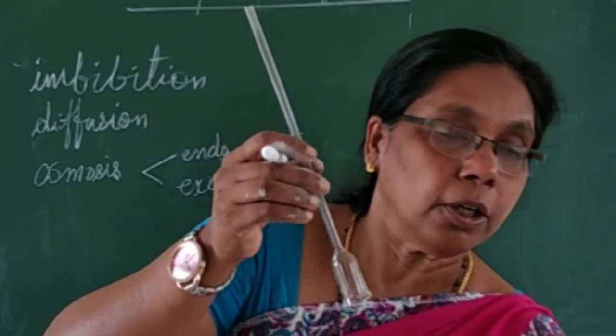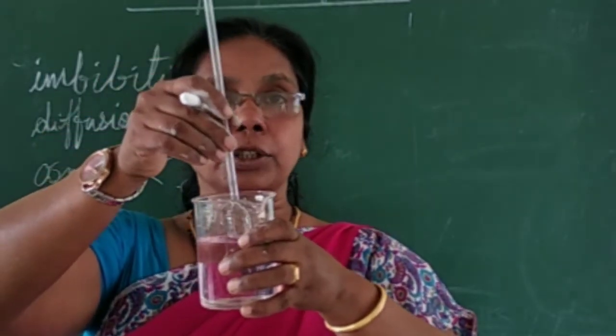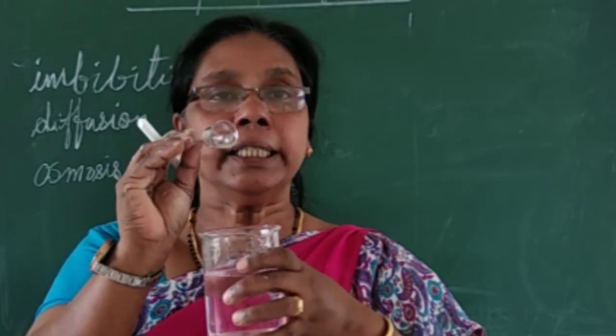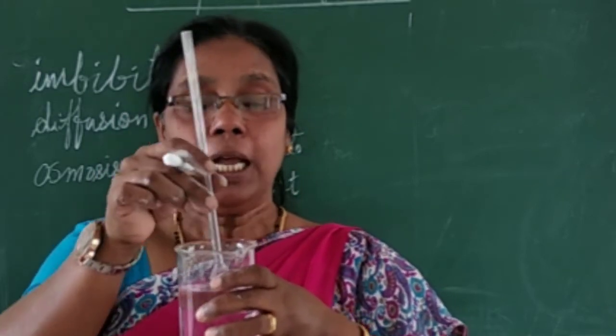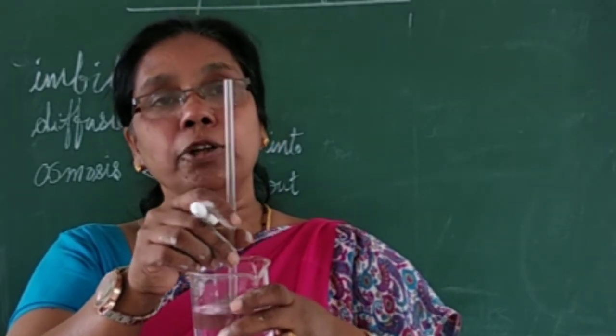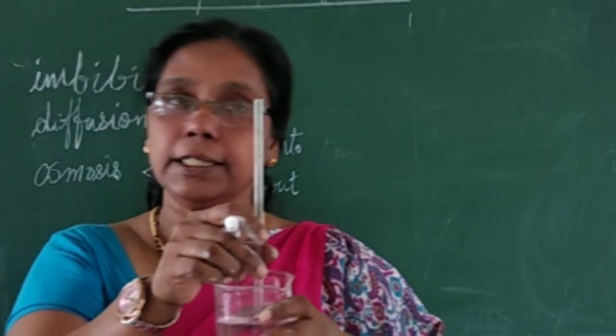You keep it for 2 or 3 hours with sugar solution inside this thistle funnel. The only difference is that the mouth of the thistle funnel is tied with a rubber sheet. After 2 or 3 hours, can you observe any change? No, you can't observe any change.